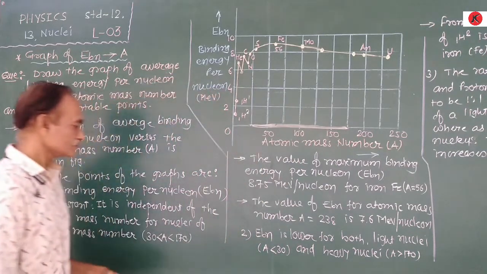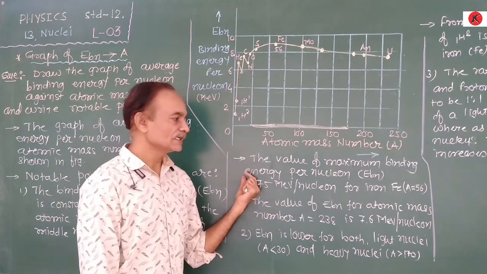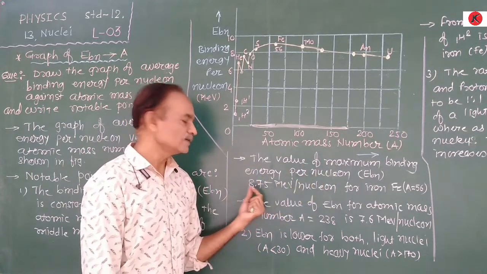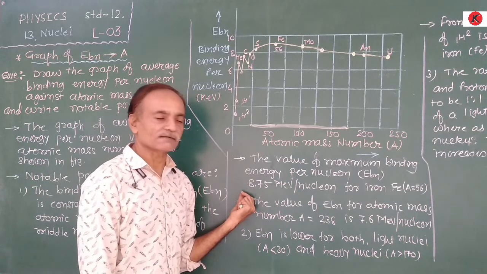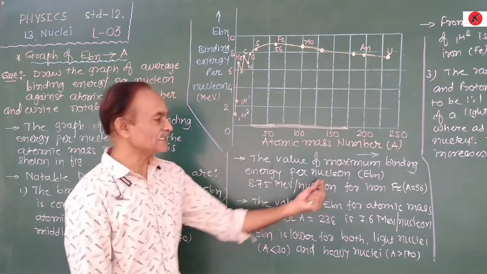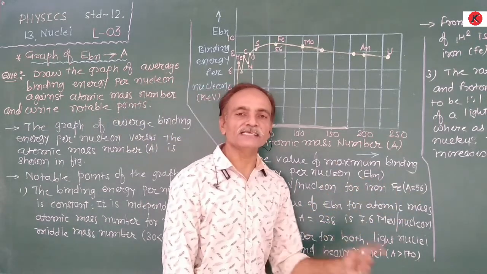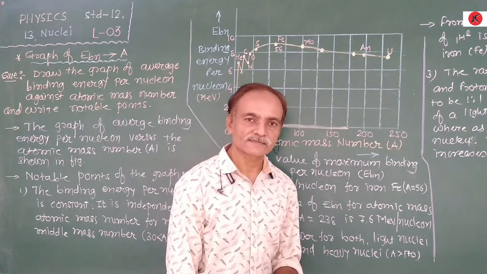Now, the maximum value of binding energy per nucleon, EBN, is 8.75 MeV per nucleon. That is for iron, Fe, having atomic mass number A equal to 56.